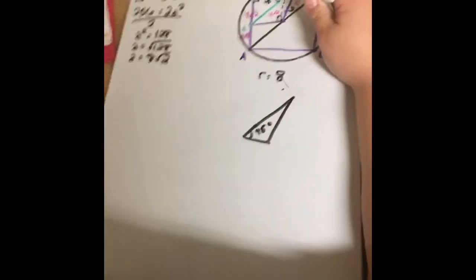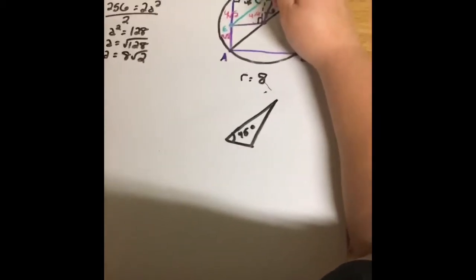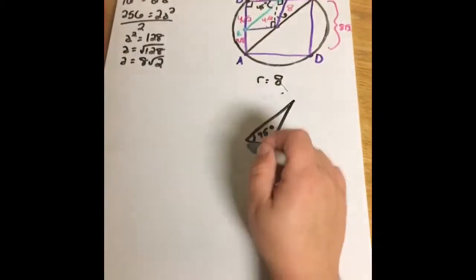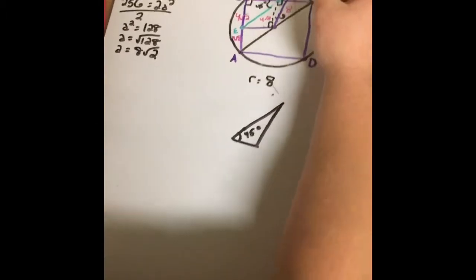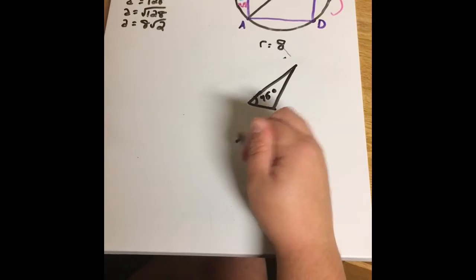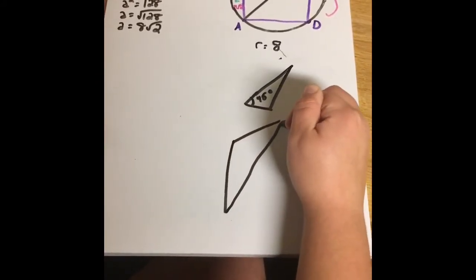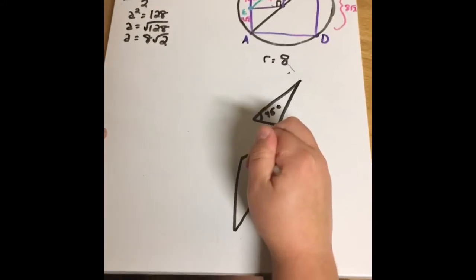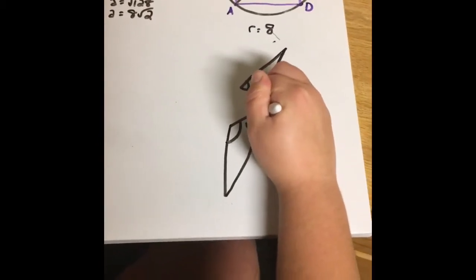And now, since we dropped this perpendicular here as well, we know that this is also a right angle. So we know that this angle is 45 and this angle is 90. So we can add those together. In this obtuse triangle here, we add 45 and 90 to get that this angle right here is 135 degrees.